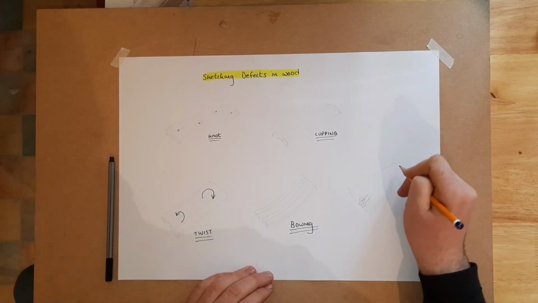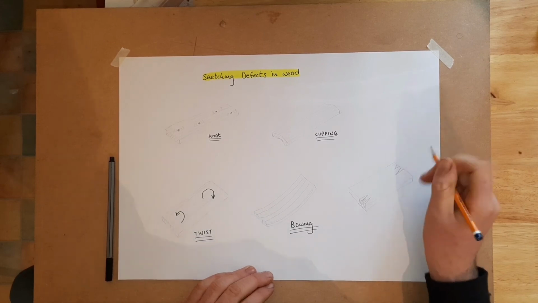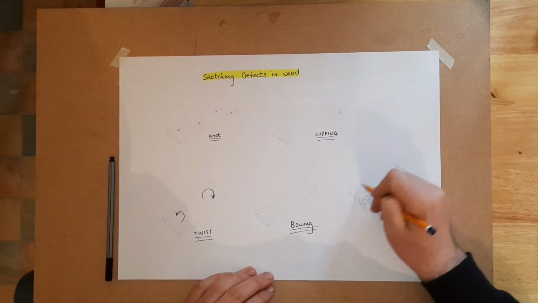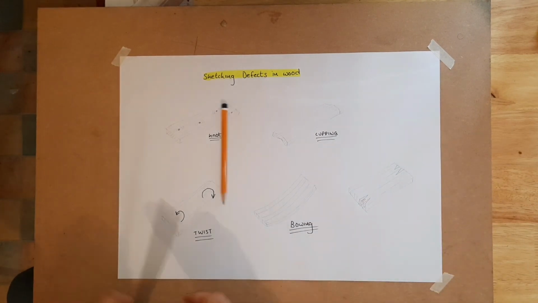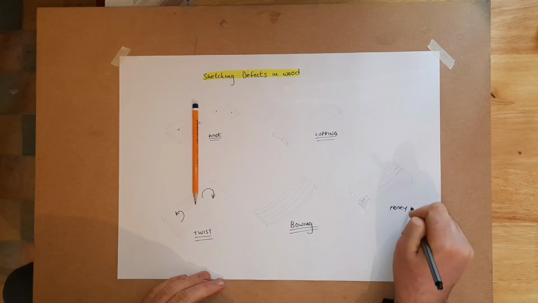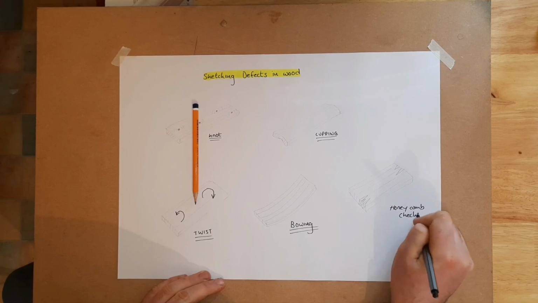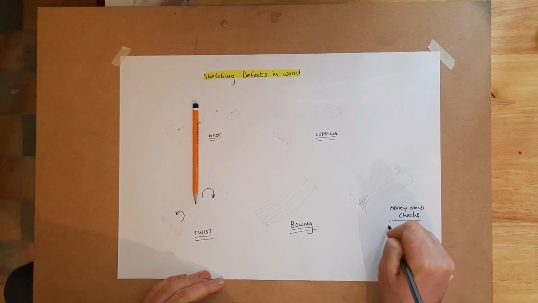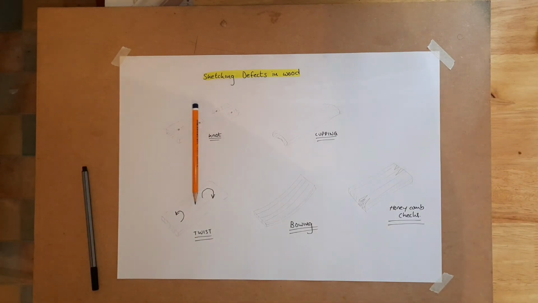They've gone into our timber, like so. These are called honeycomb checks. And that is all on sketching in defects.